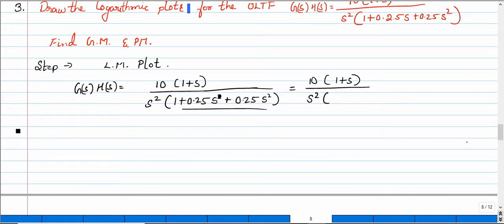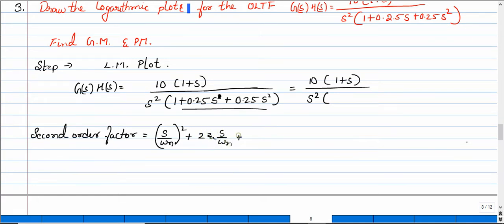Let me write the second order factor here: (s by omega n) whole square plus 2 zeta s by omega n plus 1. That will be the standard form.